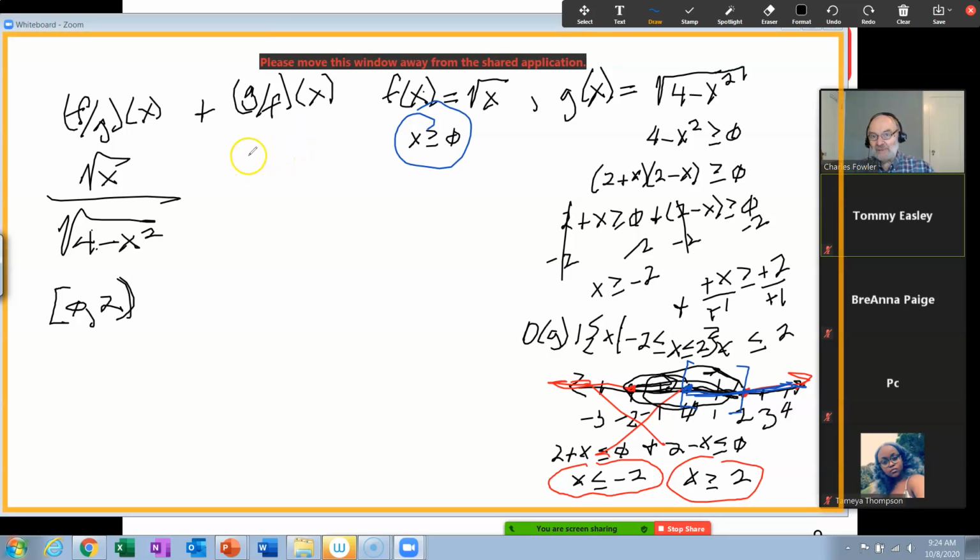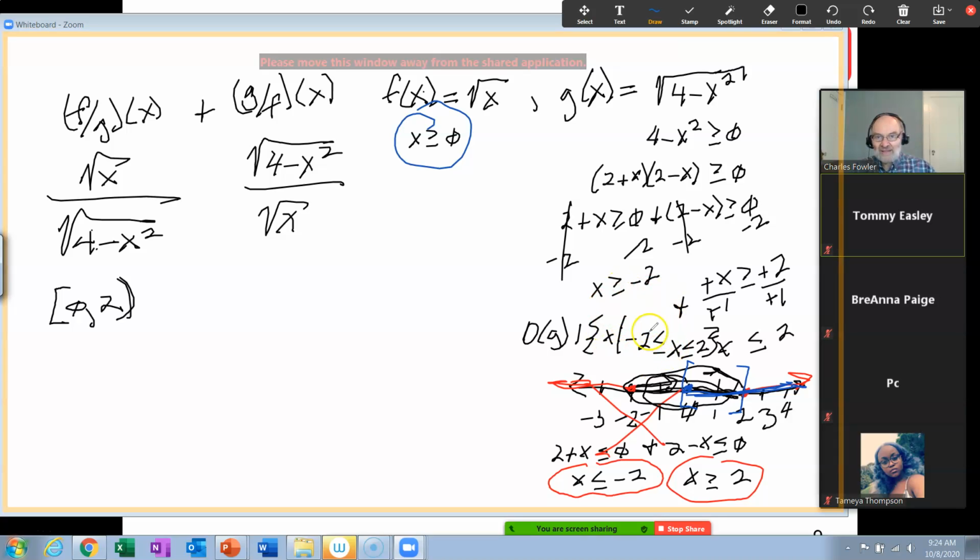That would simply be the square root of 4 minus x squared. That's your g of x, divided by your f of x, which is the square root of 2, square root of x. Here again, you're limited to a domain between 0 and 2.